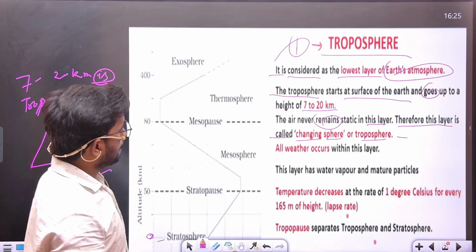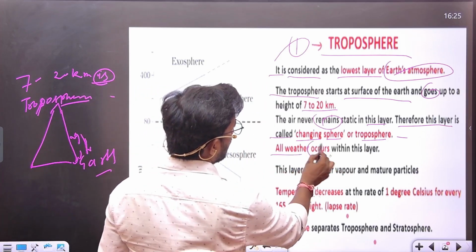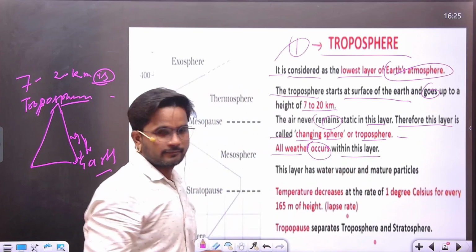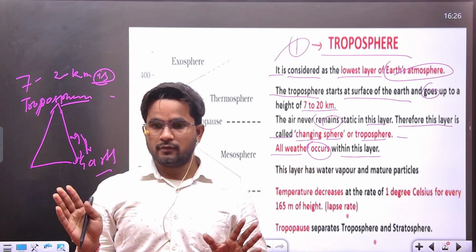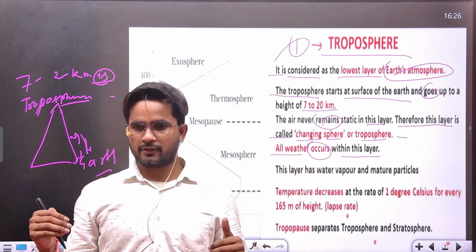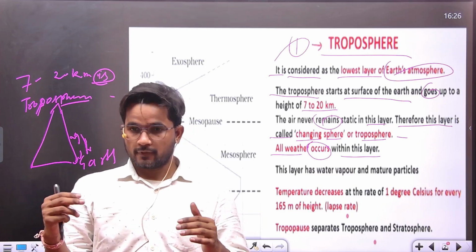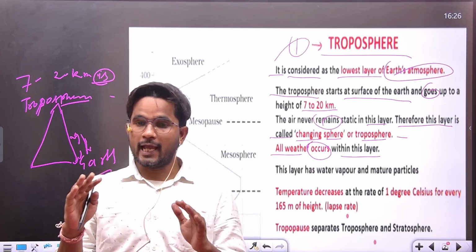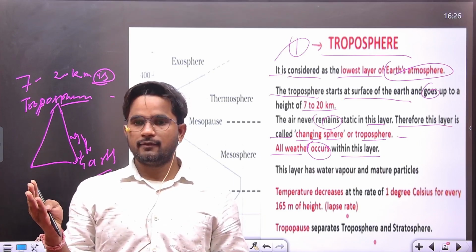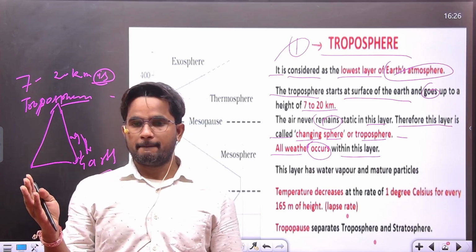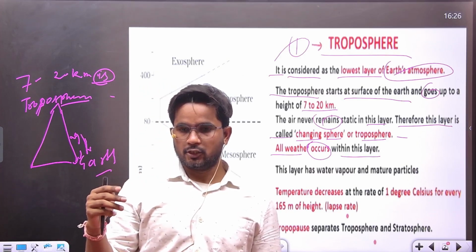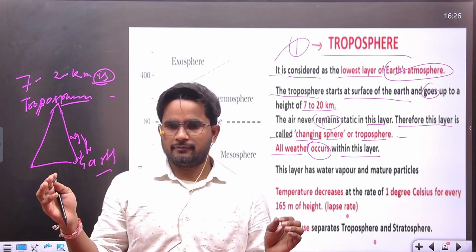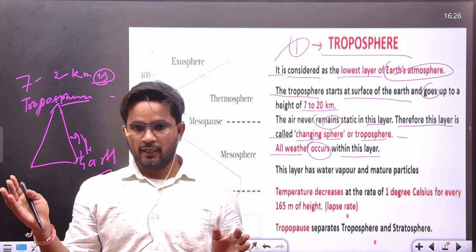Next, all weather occurs within this layer. All weather happens in the troposphere: rain, climate change, air conditions, and volcanoes.